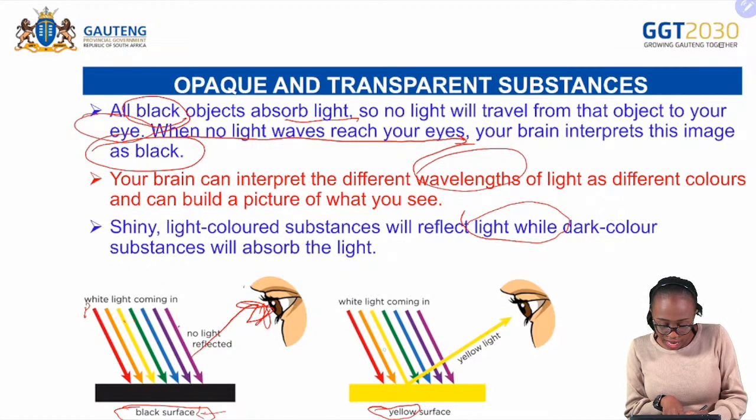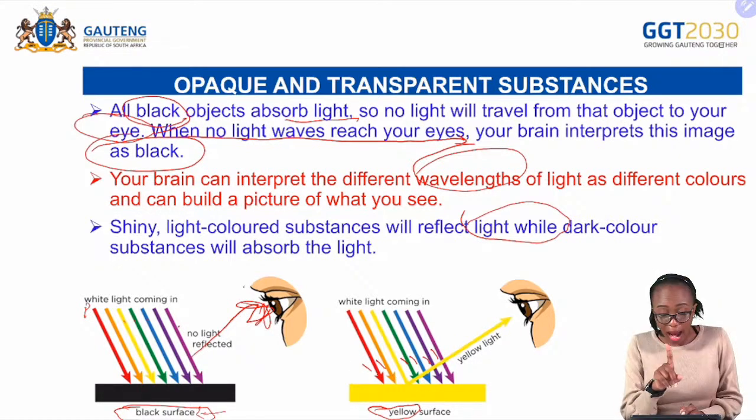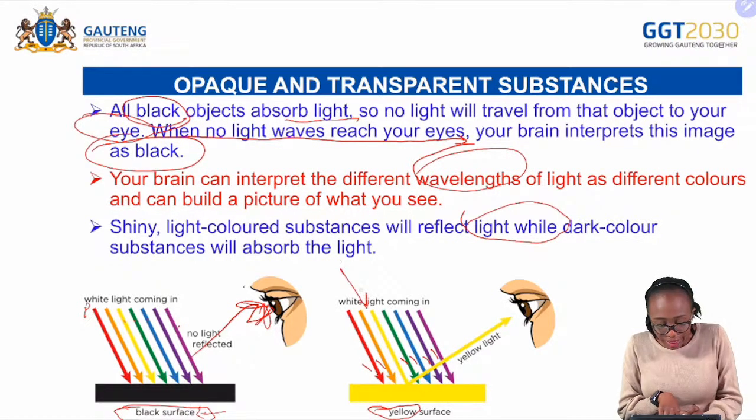All the other 6 colors, red, orange, green, blue, indigo, and violet, are being absorbed by the surface, while the color yellow is being reflected. It's bouncing off the surface.